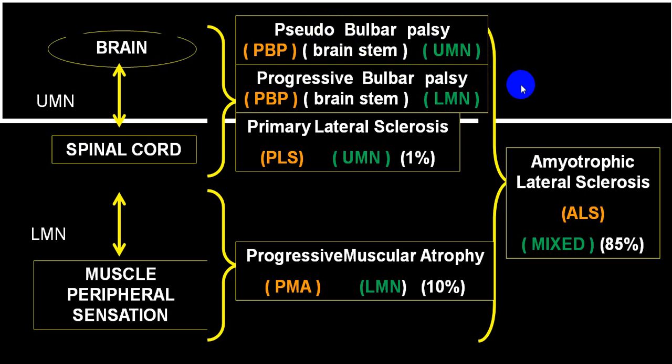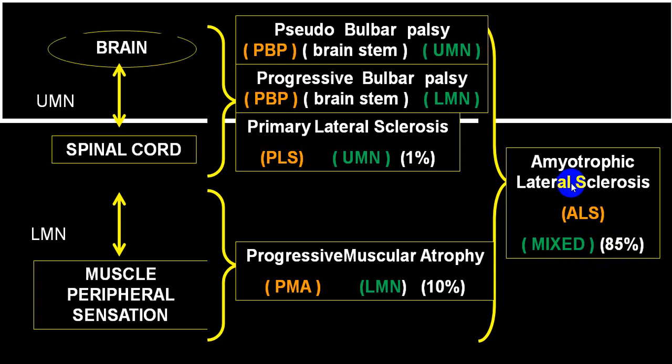Now, if you have involvement of upper motor neuron as well as lower motor neuron, meaning involvement of the brainstem and the spinal cord, we label that amyotrophic lateral sclerosis, which accounts for the mixed variety, almost 85% of the time.